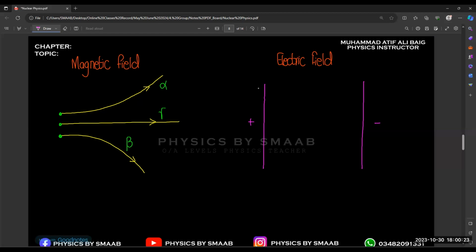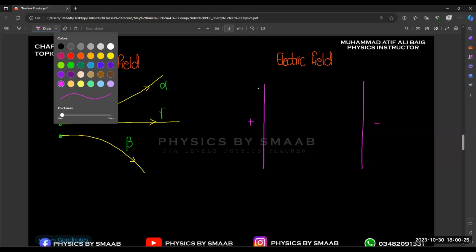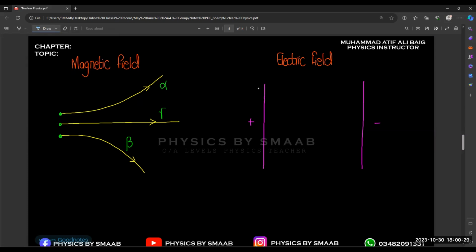Okay. So if we start marking the deflection of alpha, beta, and gamma, you can easily identify in which direction alpha will deflect. Towards the negatively charged plate, and for beta, beta will deflect towards the positively charged plate.